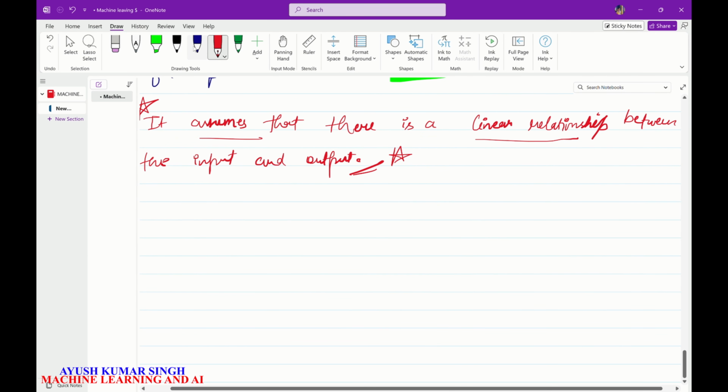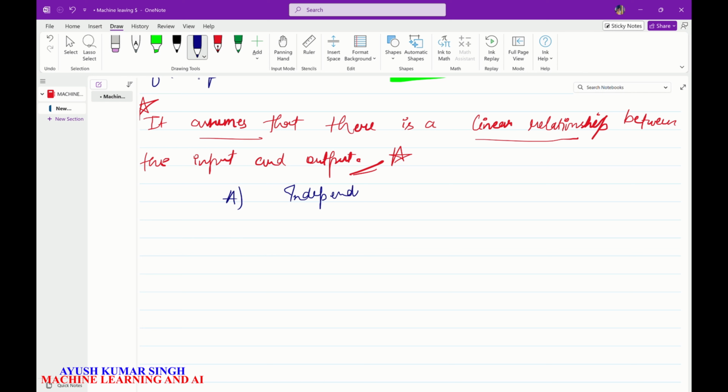This linear regression also comes in when there is an independent variable and then a dependent variable. The independent variable will act as an input and the dependent variable will always act as output for it.